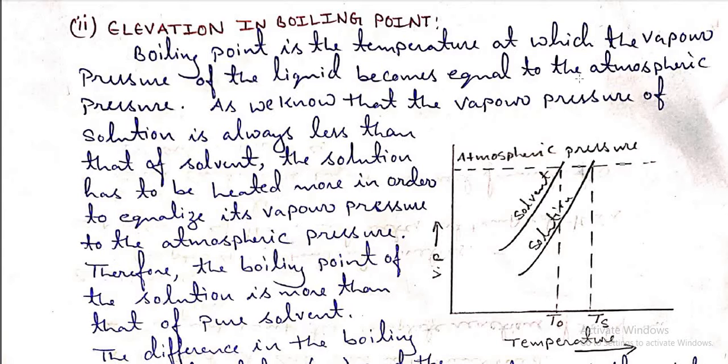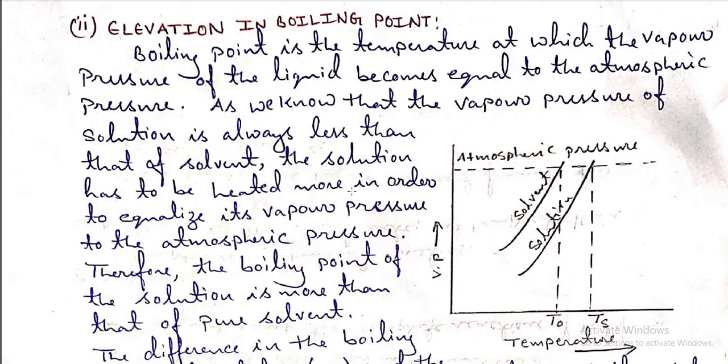So boiling point is that temperature at which the vapor pressure becomes equal to the atmospheric pressure, that we call the boiling point. And once again, as we know, the vapor pressure of a solution is always less than that of the solvent. This we have seen in Raoult's law of lowering of vapor pressure. So the solution has to be heated more in order to equalize its vapor pressure to the atmospheric pressure.